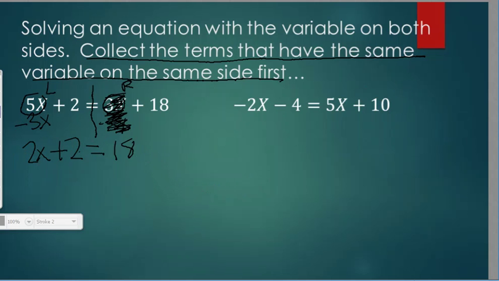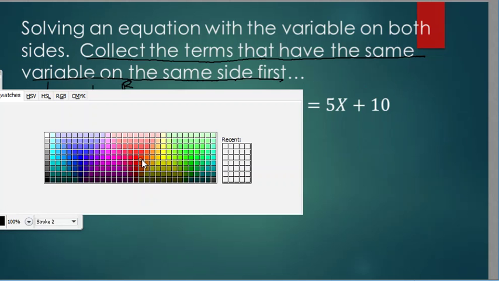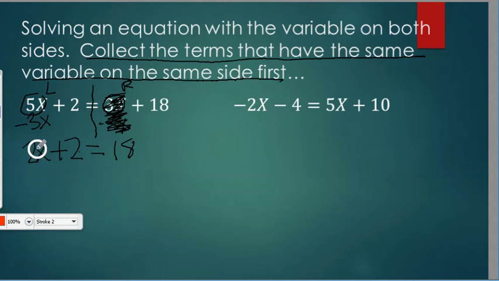So if we're solving for the x, if we're wanting to get the x by itself, there are just two things that we need to do in order to get this variable by itself. We need to get rid of the plus 2 by doing a minus 2. And whatever you do on one side, you do the same thing on the other side.